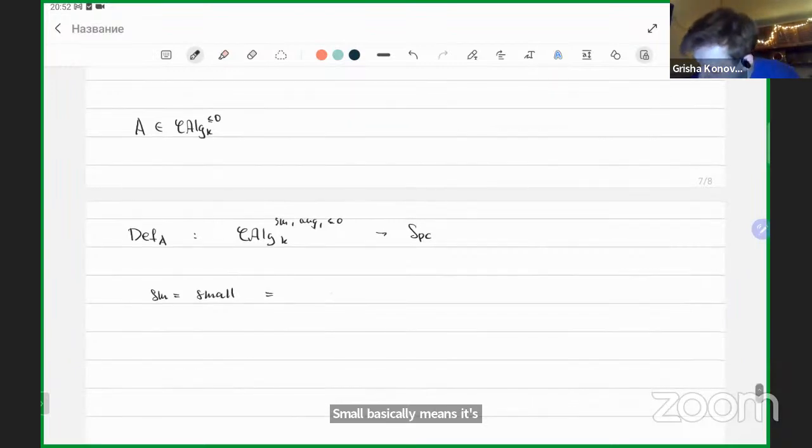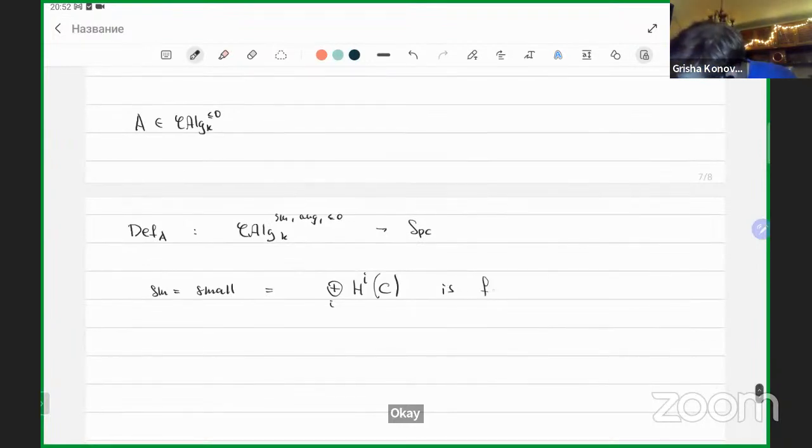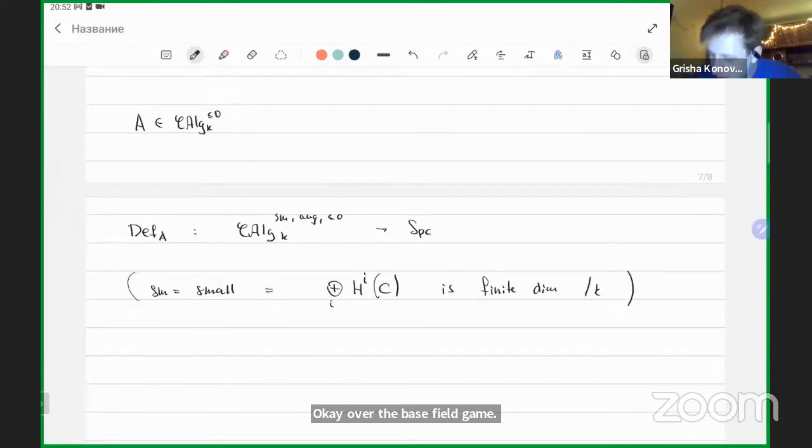It means that the total cohomology of the algebra is finite dimensional over K, the base field. So basically, we are talking about Artinian differential graded algebras, with generators that are allowed to live in non-positive degrees cohomologically. And these algebras are also required to be augmented.